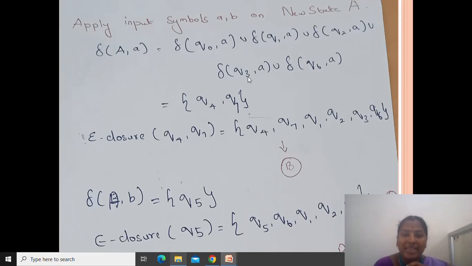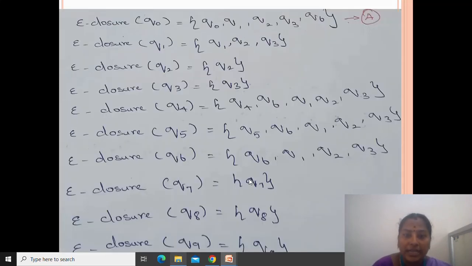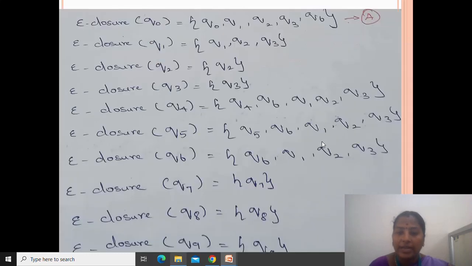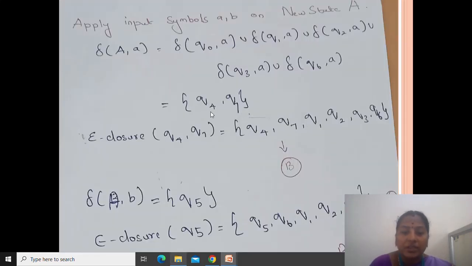So here we calculate the delta function. In the transition diagram, from q2 to q4 there is an a transition, and from q6 to q7 there is an a transition. So q4 and q7 will be represented. Then the epsilon closure of q4 and q7 will be calculated.